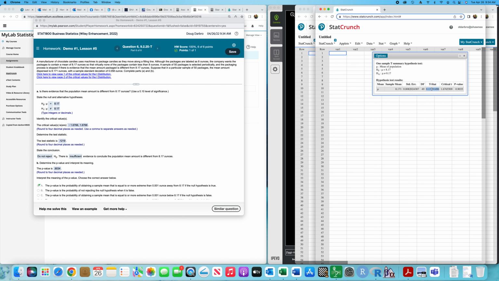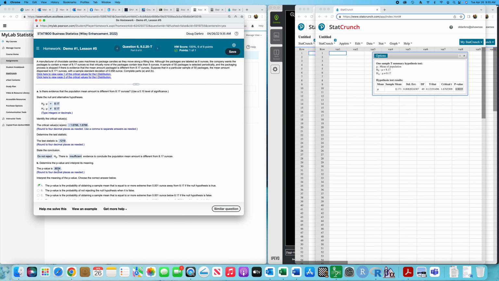And you can see that the critical value is right there. So I could have got that a different way. So I'm going to use the p-value approach. My p-value is 0.9035, so I'm not going to reject the null, so I do not reject H sub O. There's insufficient evidence to conclude the population mean amount differs from 8.17.